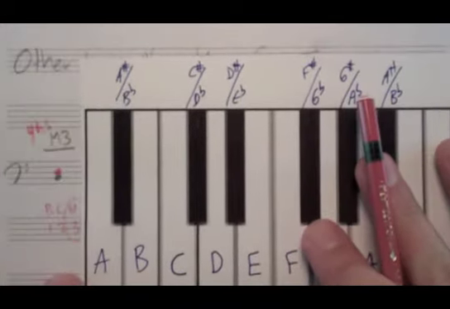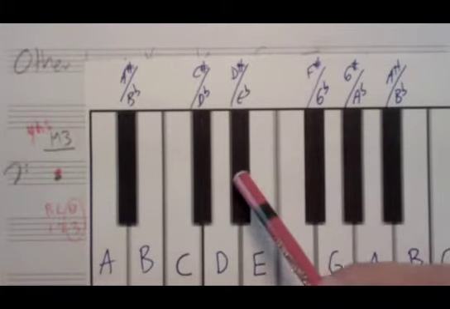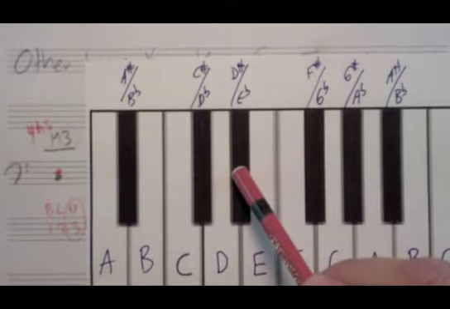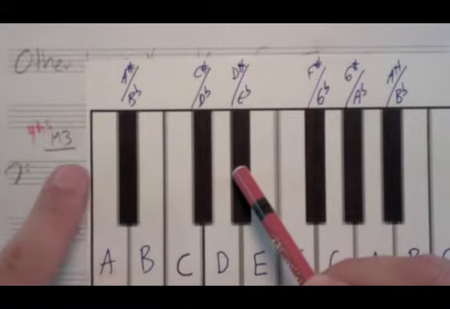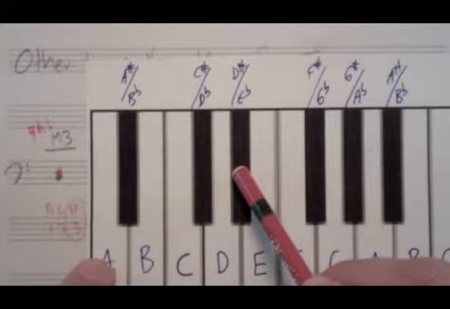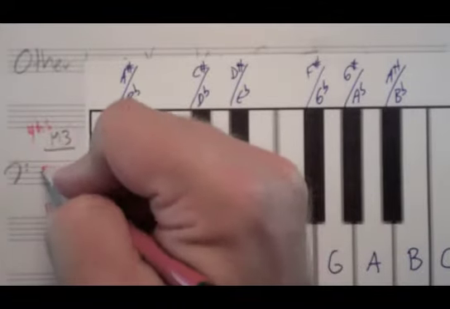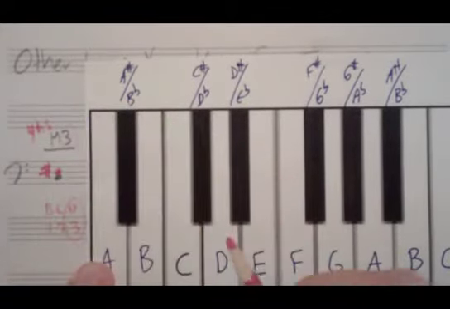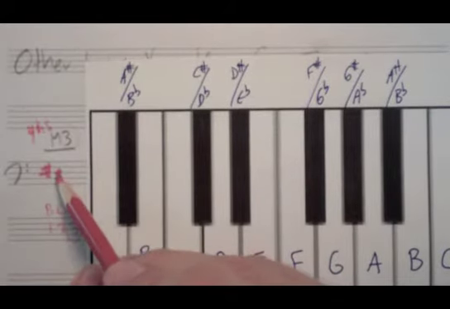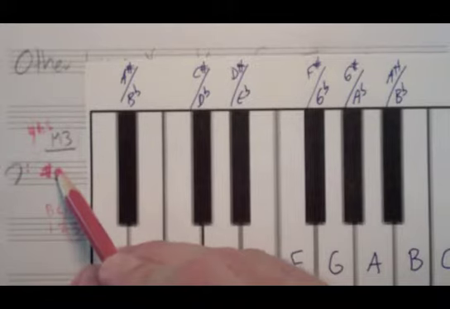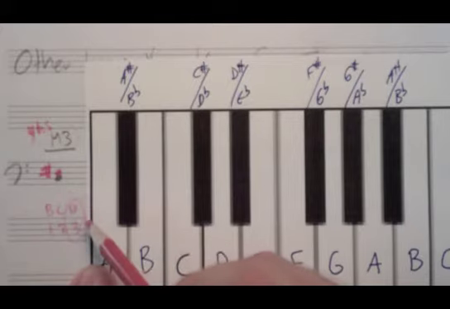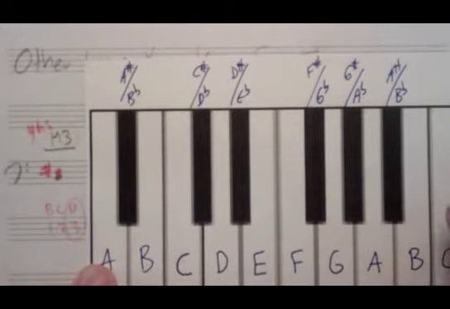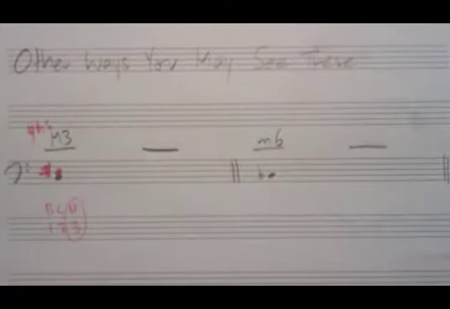Now if we look at the example, this black key is either D sharp or E flat, but because the generic interval of a third makes the second note in this interval D, we need to call this note D sharp. So D sharp is the note that's a generic interval of a third while being 4 half steps higher than B. So D sharp is a major third above B. So we can get the piano out of there.